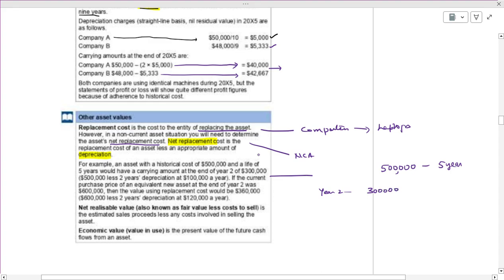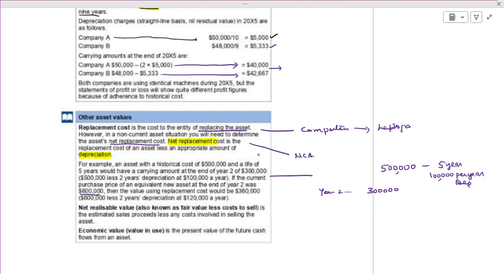Now, how much is the depreciation at the end of year 2? It is 2 years of depreciation. Depreciation for one year will be 100,000 per year.